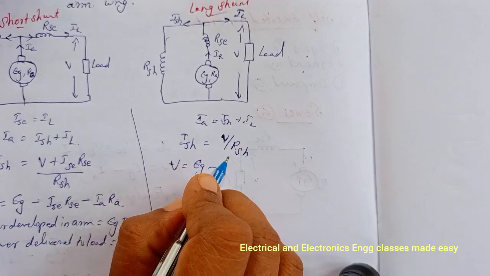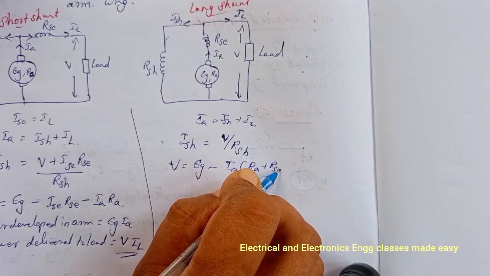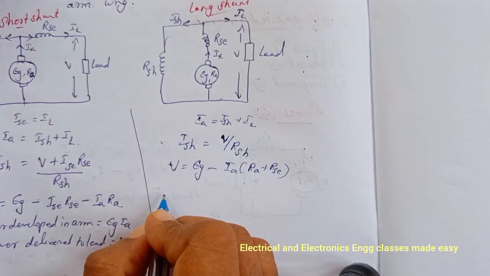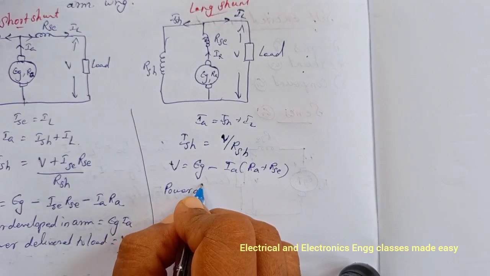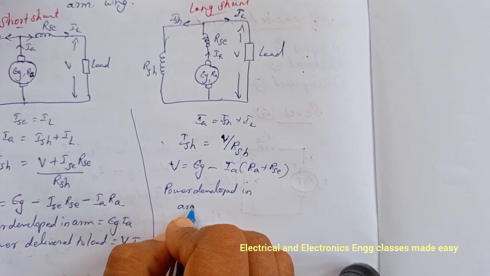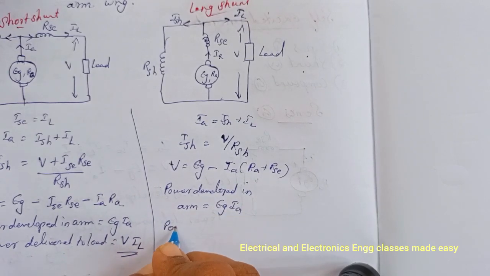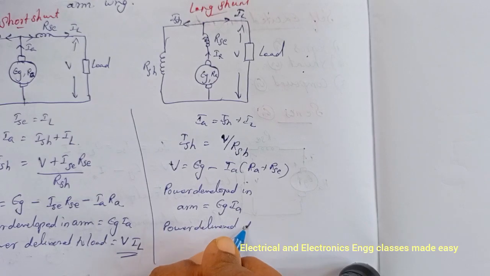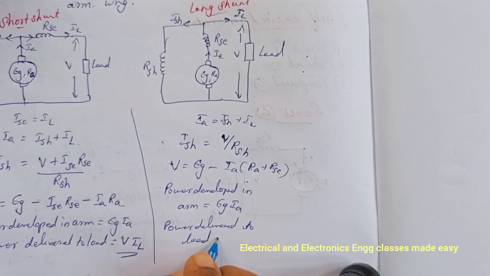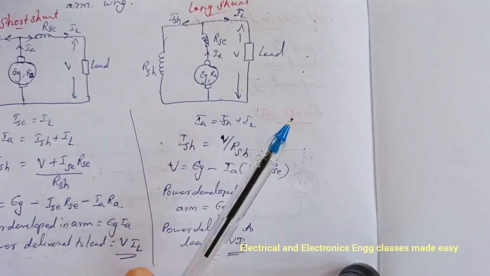So we can write IA into RA plus RSC, and power developed in armature is equal to EG into IA, and power delivered to the load is equal to V into IL. So this is the case of long shunt compound generator.